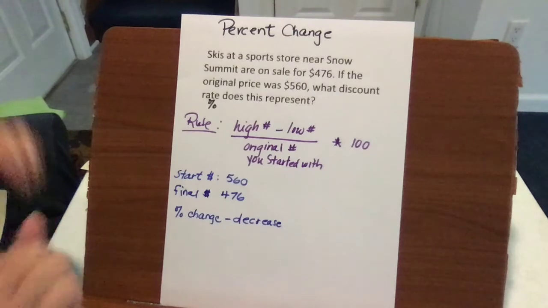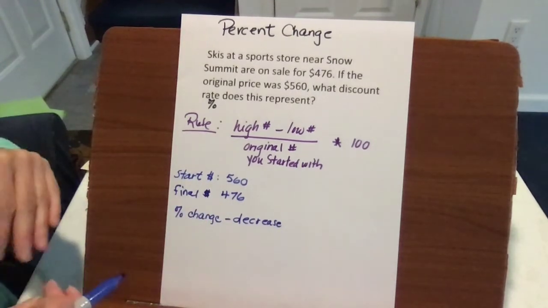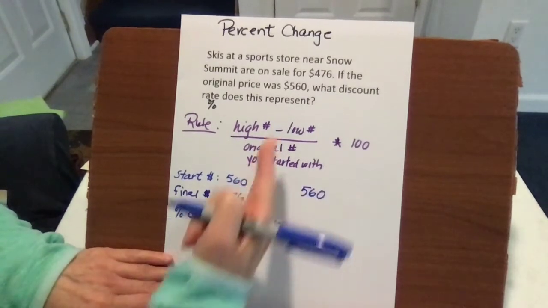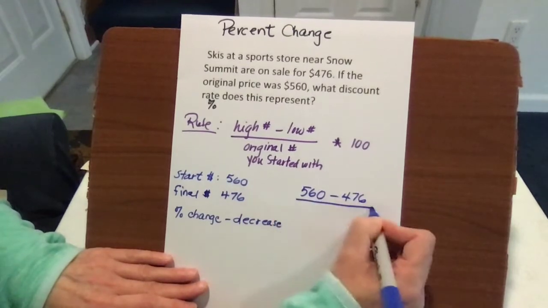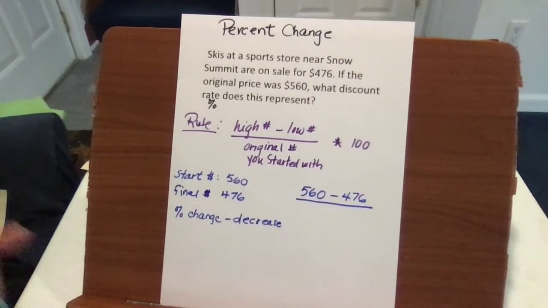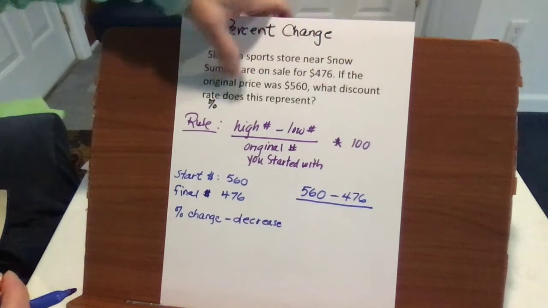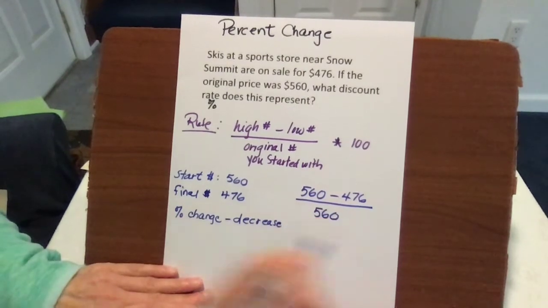Okay, so no matter what you're doing, increasing or decreasing, you are always going to start with your high number, 560 in this case, subtract your low number, 476. And you're going to divide it by the number that you originally had. So because it's on sale for 476 and we originally started at 560, we are going to divide this by 560.